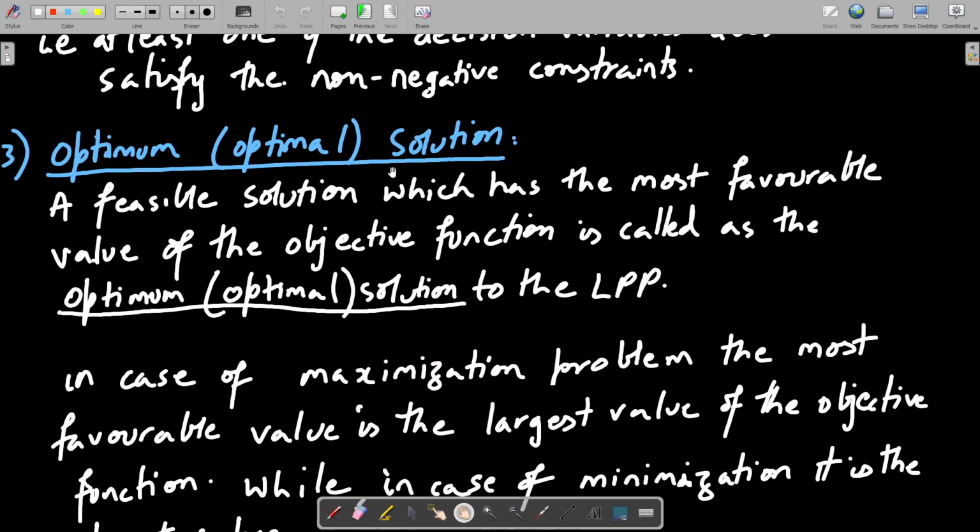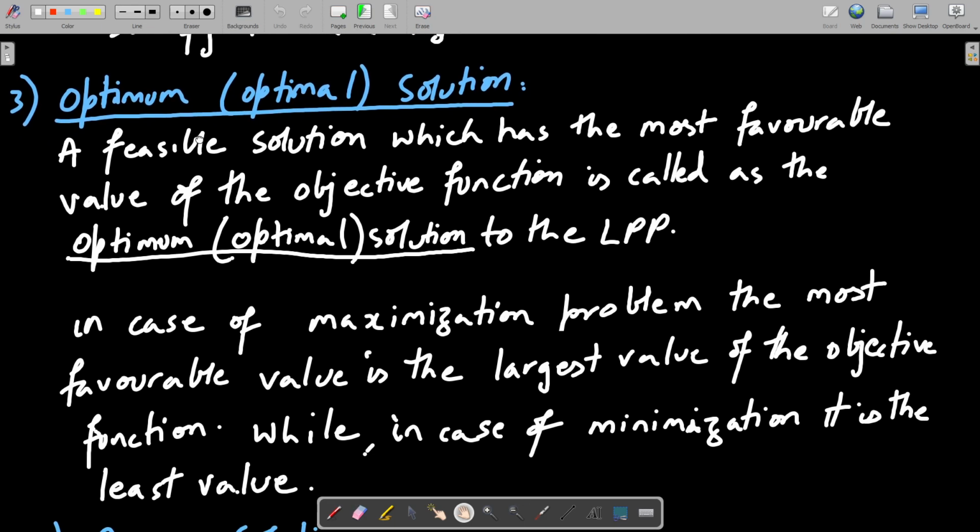Optimum solution or optimal solution, you can use either. A feasible solution which has the most favorable value of the objective function is called the optimal solution. We had the objective function, and we were either trying to maximize it or minimize it. The solution which gives you the largest value or the smallest value will be called the optimal solution.